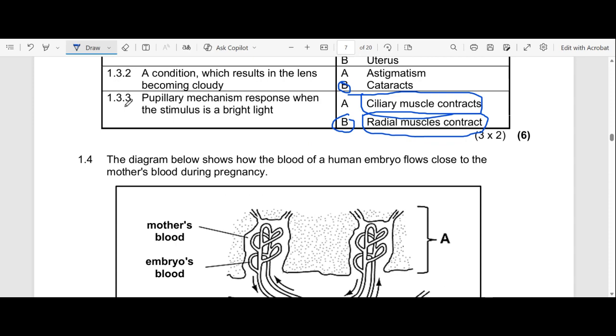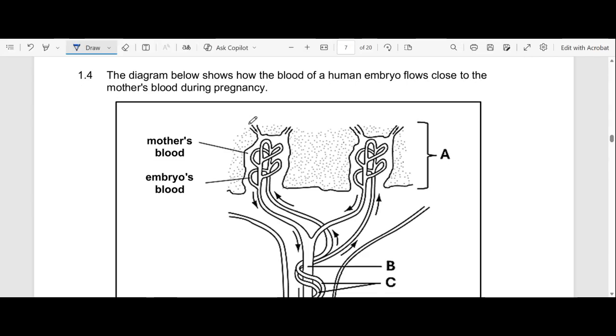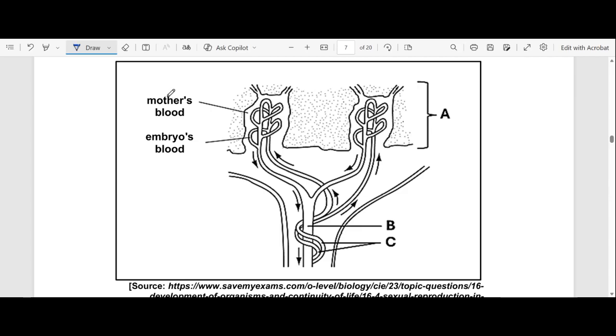The diagram below shows how the blood of a human embryo flows close to the mother's blood during pregnancy. As we can see here, this is the mother's blood, and this is the embryo's blood. Obviously, we would assume that this is the placenta.